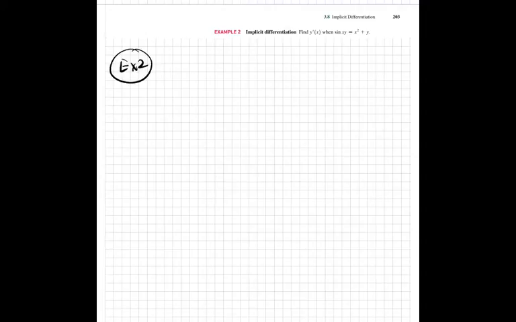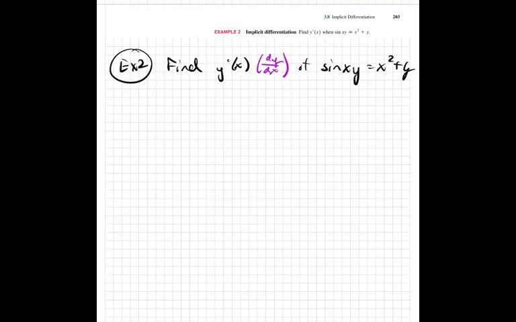We're asked to find y prime of x, which is essentially dy by dx of sine of xy equals x squared plus y. Okay, let's give it a go. Think about this.